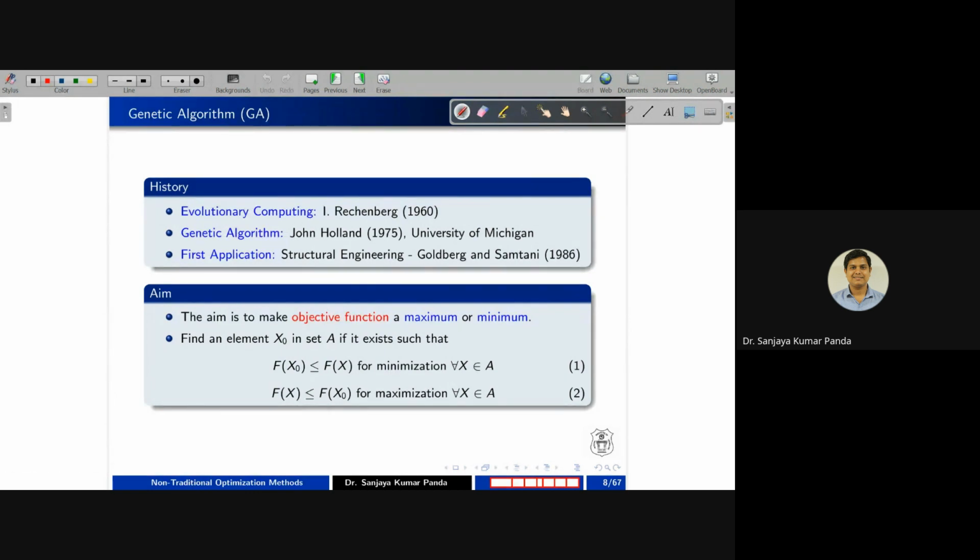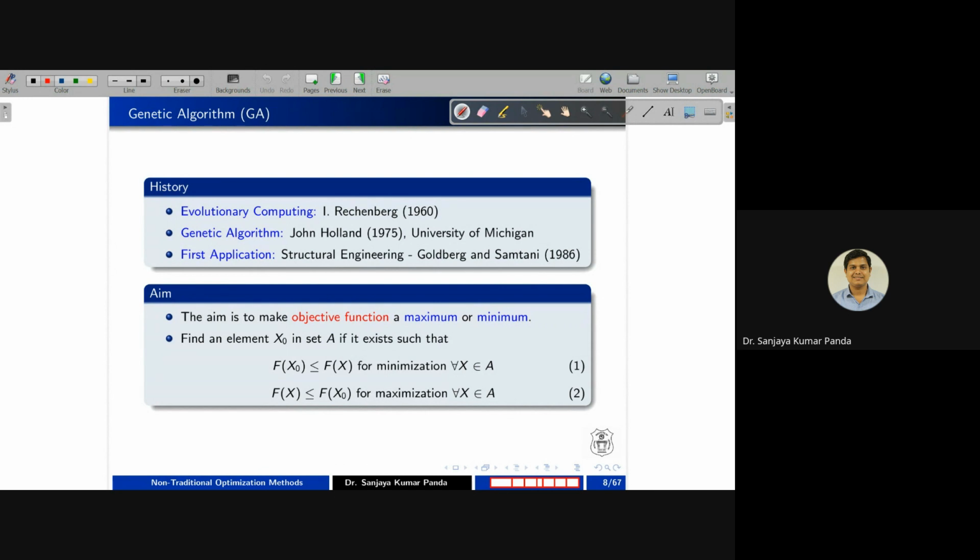As I said, the objective of any optimization algorithm is either to minimize or to maximize. In any particular problem, either your objective is to minimize or to maximize, right? Like I mentioned, in the time case, our objective is to minimize the time. If you take the profit of a particular company, we want to maximize it, right?